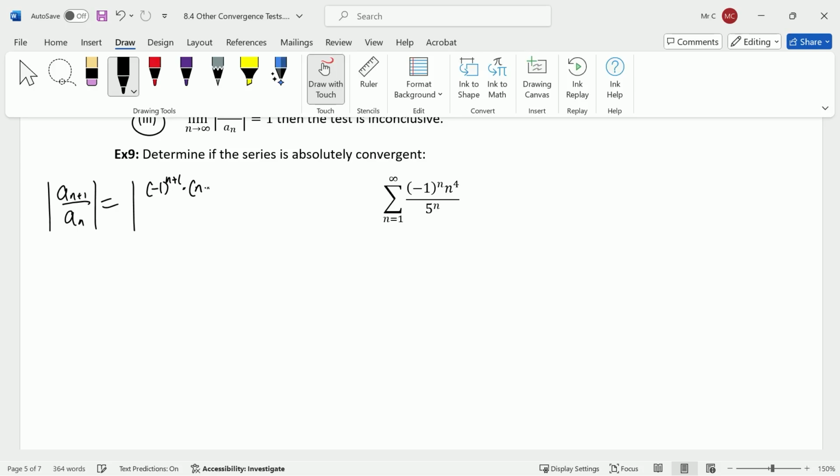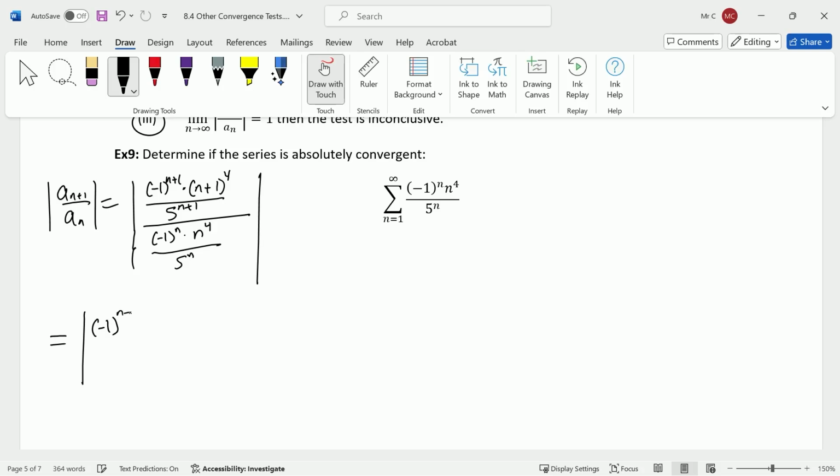So this will be n plus 1 to the 4th power over 5 to the n plus 1 power over negative 1 to the n power times n to the 4th over 5 to the n. So that's step 1. And step 2, I'm going to multiply by the reciprocal.